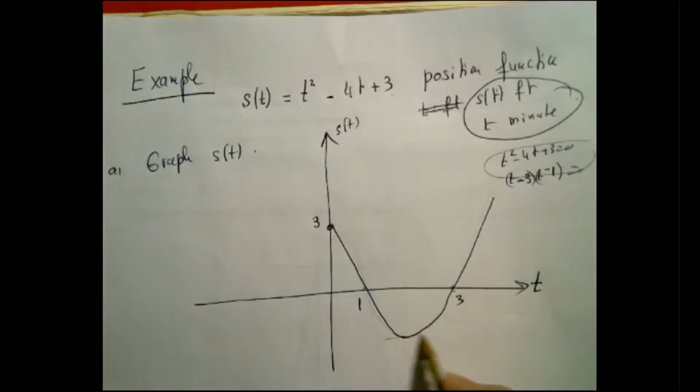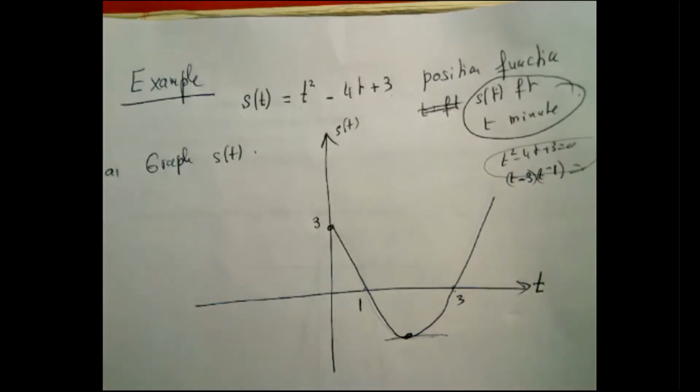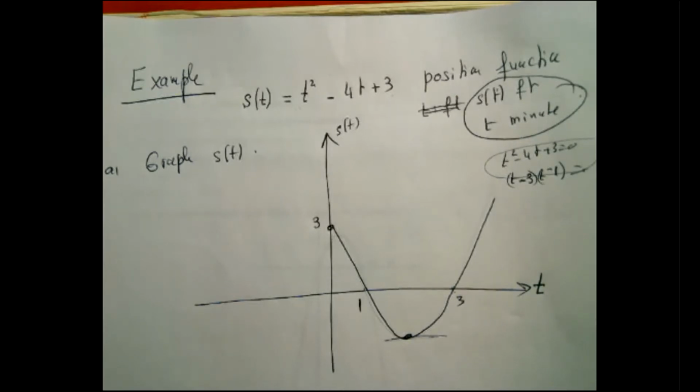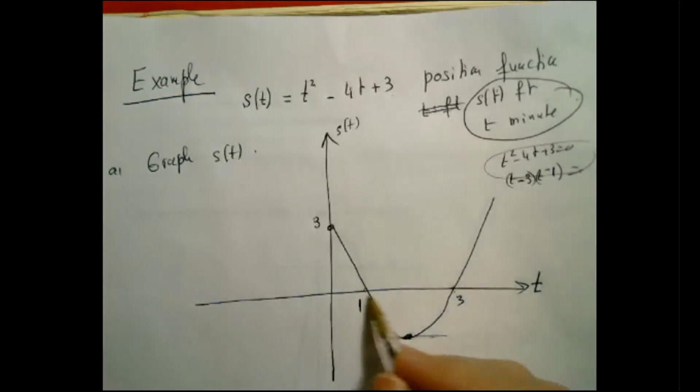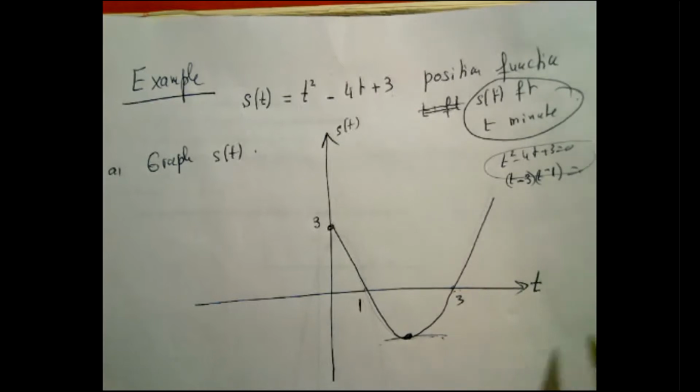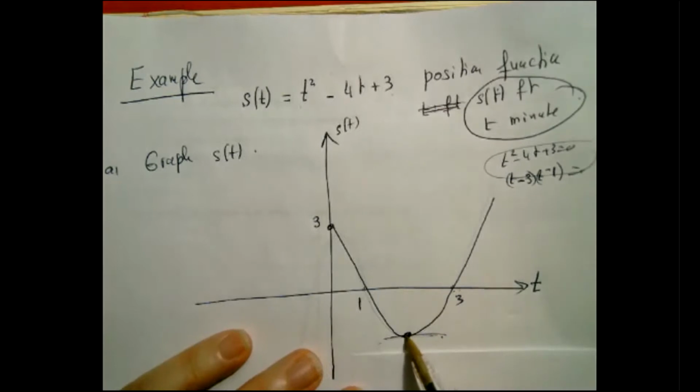Now, can we find this point easily? Who can give me the coordinates of this point without a calculator? We should be able to. 2, minus 1, either by symmetry or by what happens at this point. This is where the derivative is equal to 0, where the slope is horizontal.